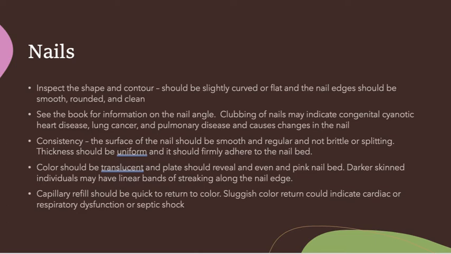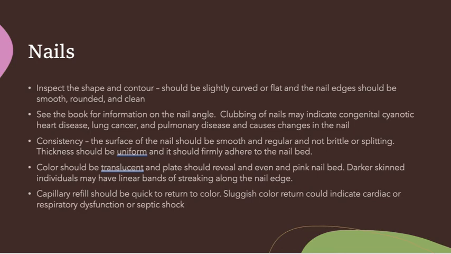We're going to look at the nail for consistency. The surface of the nail should be smooth and regular and not brittle or splitting. The thickness of the nail should be uniform, and it should firmly adhere to the nail bed. If it does not firmly adhere to the nail bed, fungi can get underneath the nail and cause an infection to develop, and this will cause the nail to yellow and thicken and be very brittle and flaky, and you can usually tell when there is a fungal infection in the nail.